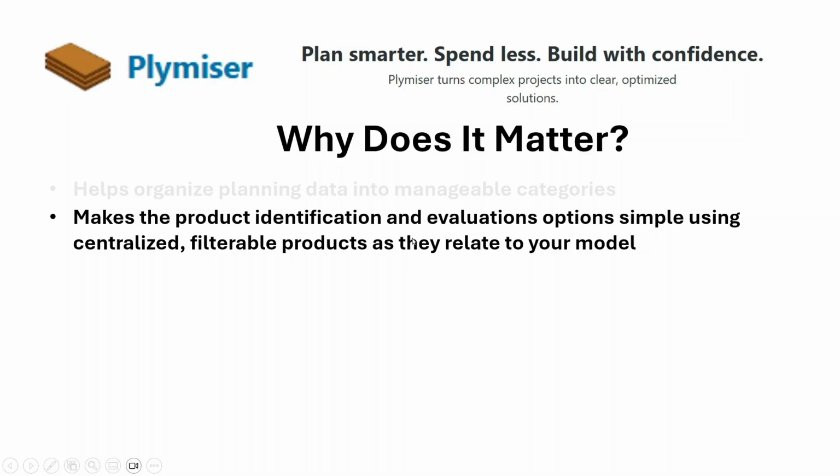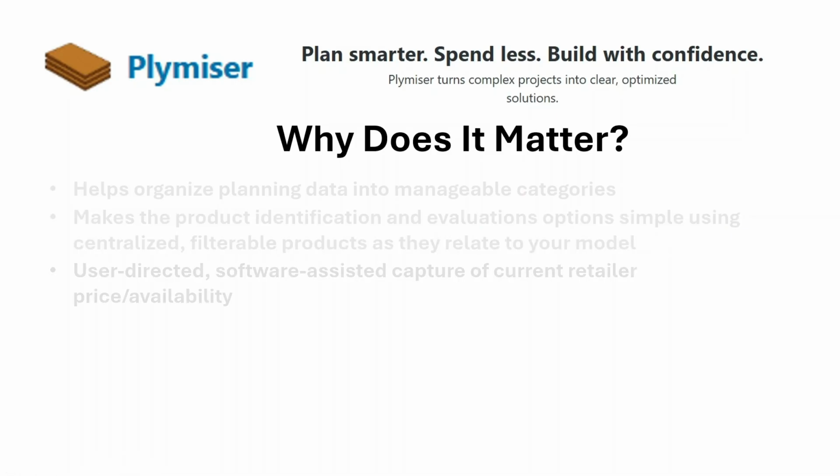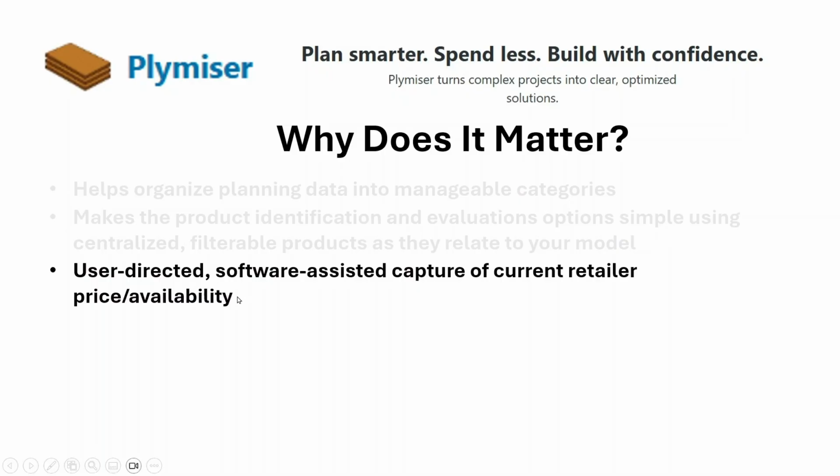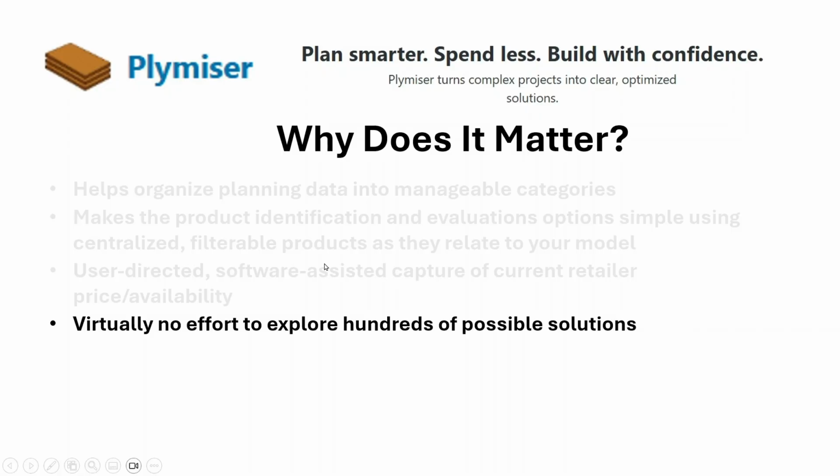It makes the product identification and evaluation options pretty simple. They're centralized, filterable products that relate to your model. You just bring them in. You have user-directed, software-assisted capture of current retailer price and availability.